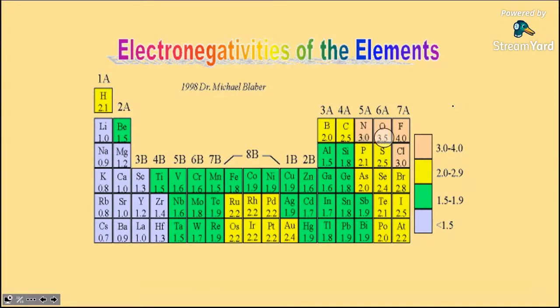It's also polar, but that bond between nitrogen and oxygen is going to be less polar than the bond between carbon and oxygen because it has a smaller electronegativity difference. Okay, so again, we can use electronegativities not just to tell us is it ionic or covalent, but if it's covalent, what type of covalent, polar or nonpolar, and the extent of the polarity.